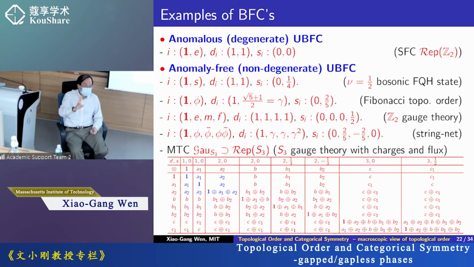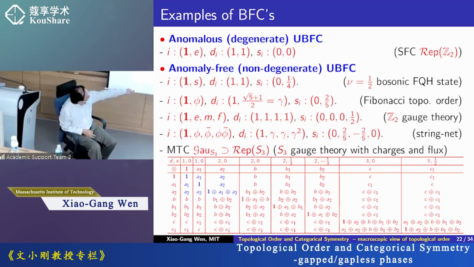S3 has two non-trivial representations: a one-dimensional non-trivial one and a two-dimensional non-trivial one. So A1 is a gauge charge in the one-dimensional representation, and A2 is a gauge charge for the two-dimensional representation of this S3 gauge theory.